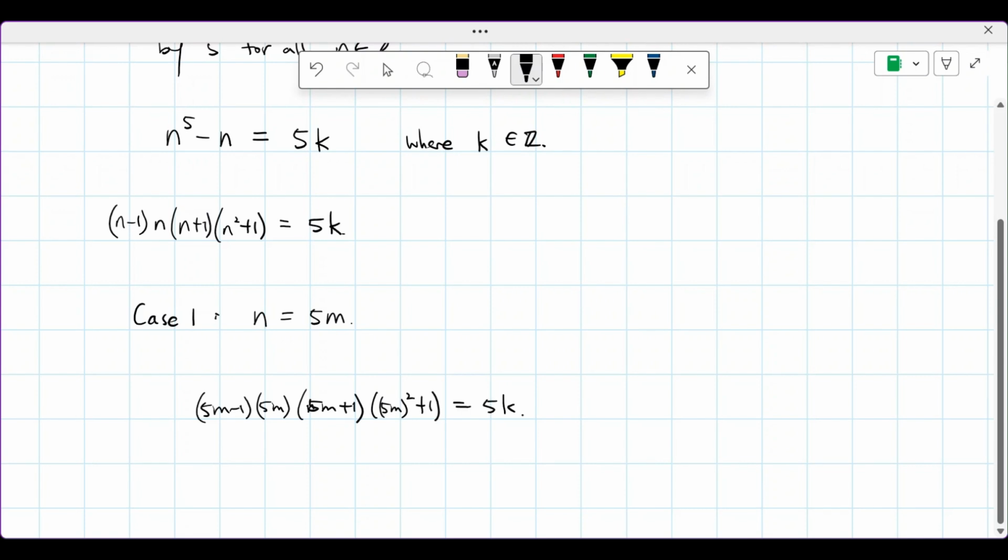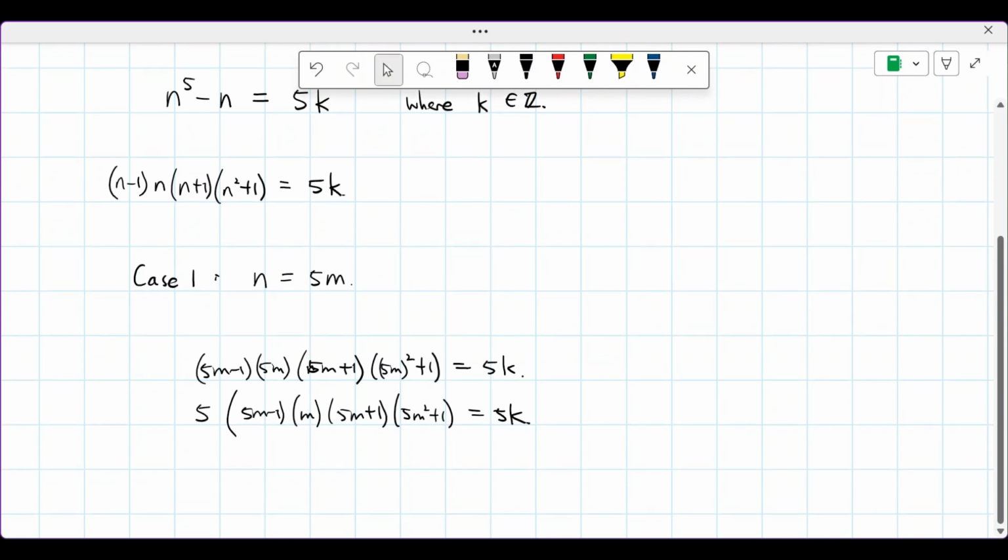Is that true? I think we can easily factor out a 5 from the 5m and go like this: 5 times 5m minus 1 times m times 5m plus 1 times 5m squared plus 1. And we can easily tell that the expression 5m minus 1 times m times 5m plus 1 times 5m squared plus 1 is an integer, because m is an integer.